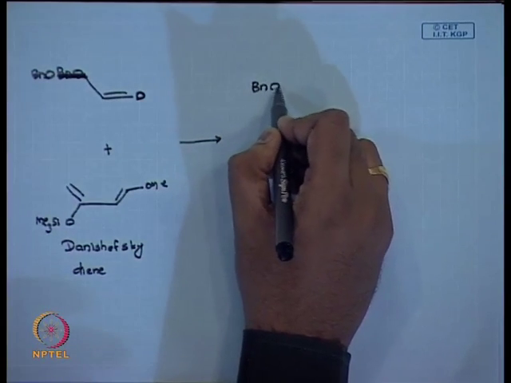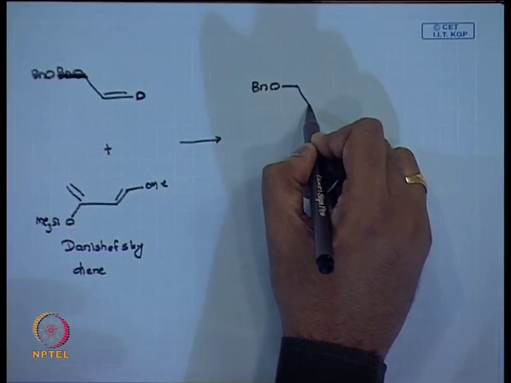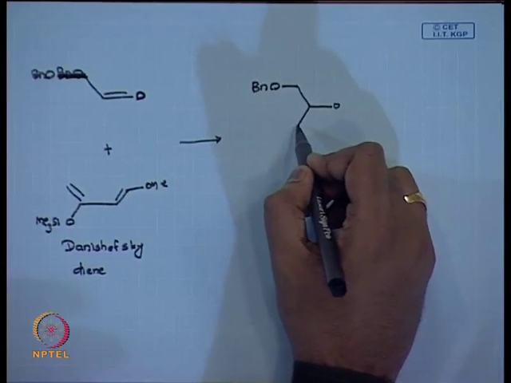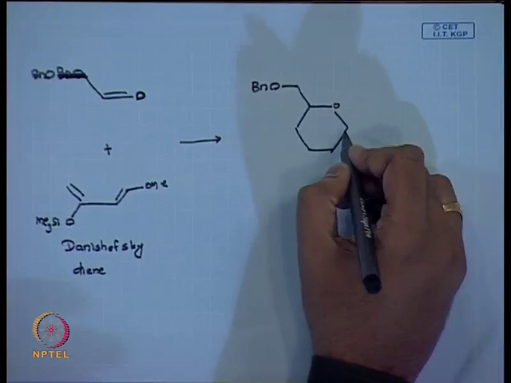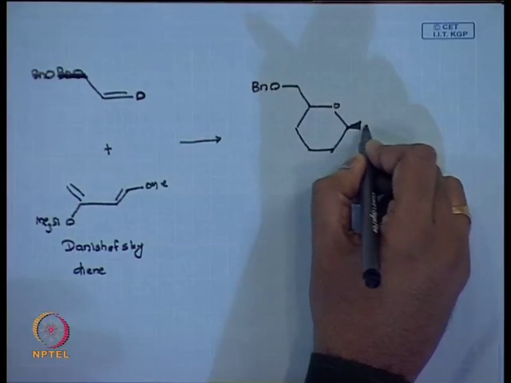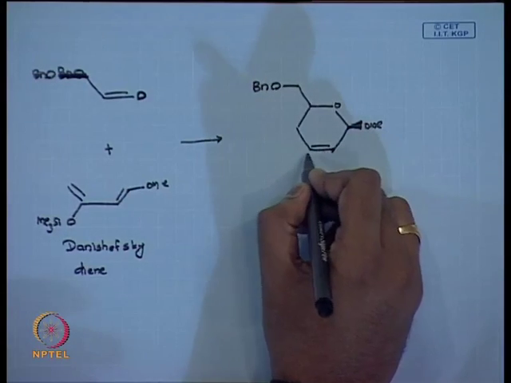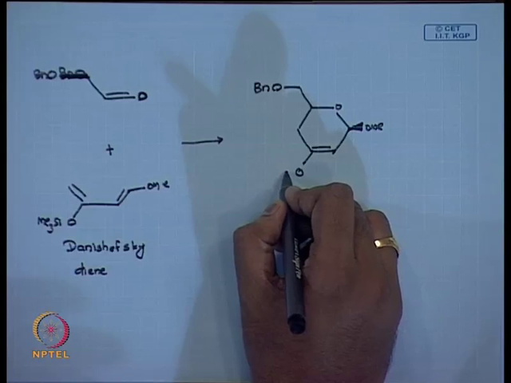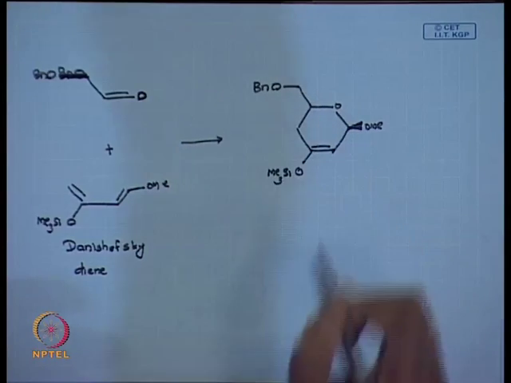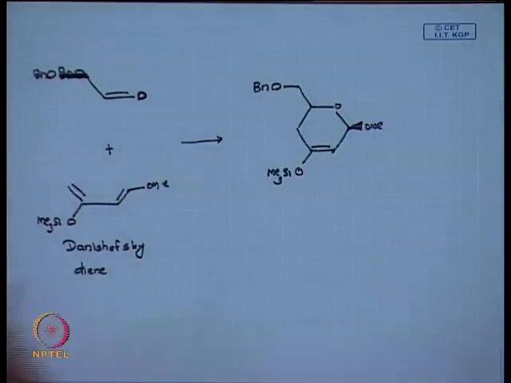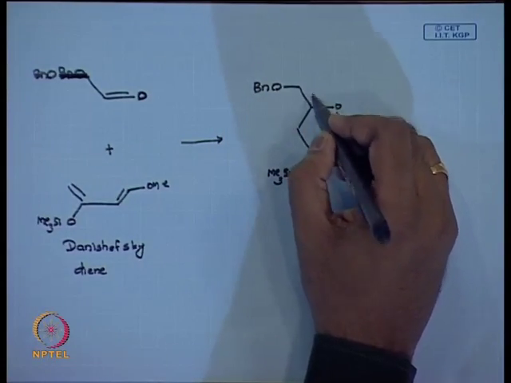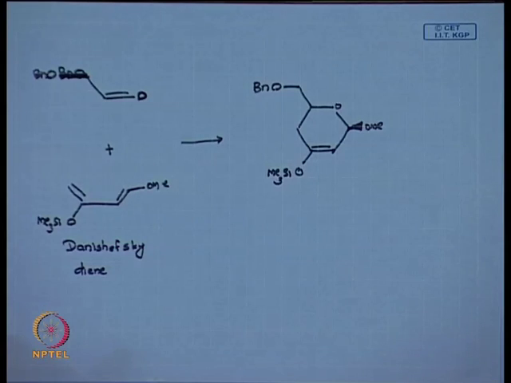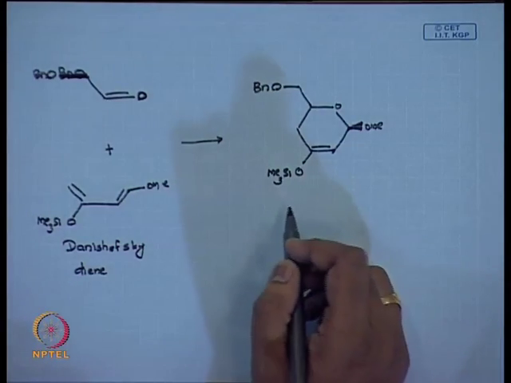So, you will have a BnO, you get a nice carbohydrate, a very novel approach for synthesis of carbohydrates. Okay. And it has a selectivity, the stereochemistry will be selected because of the dienophile. So, it is a very novel approach for your carbohydrates.